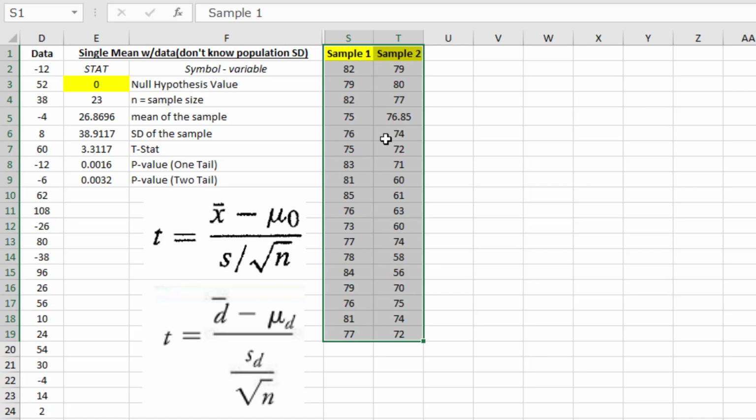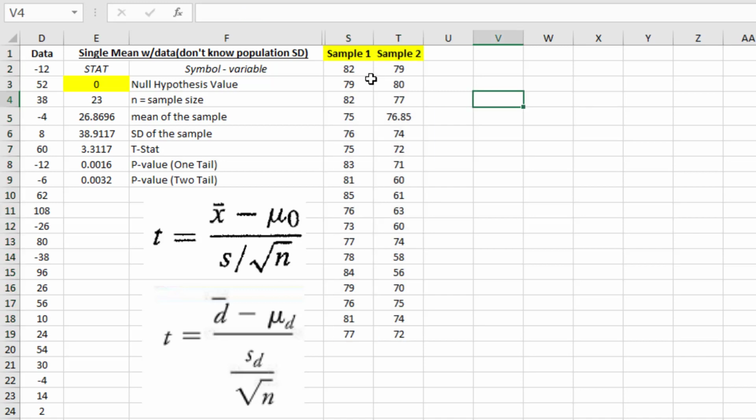They're paired up, right? They're obviously the same size, because they have to be paired up. This one's paired up with this one, and this one with this one, and so on and so forth. So be careful. You can't sort your data because they're paired. These are two scores that came from the same person, or the two siblings or the two coworkers, or for some reason there's a match, and you have to leave them this way so that they're matched up.